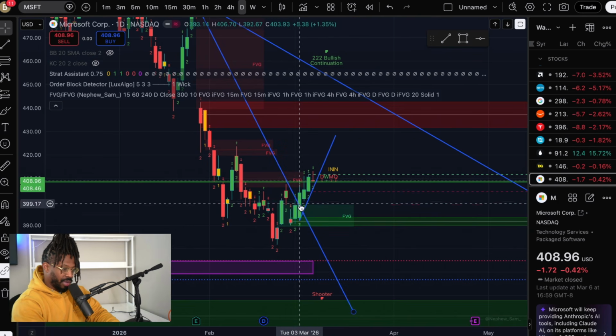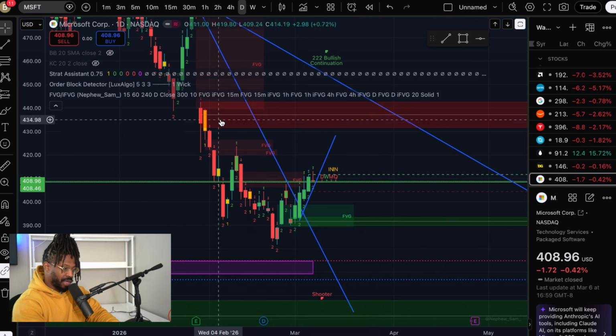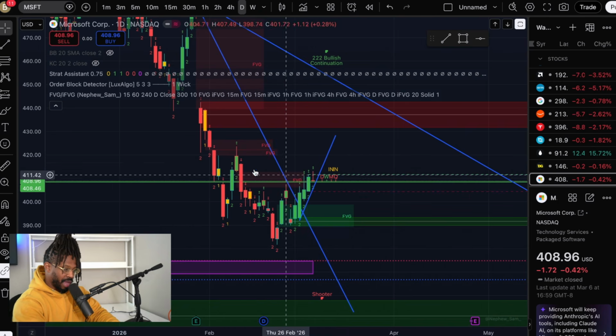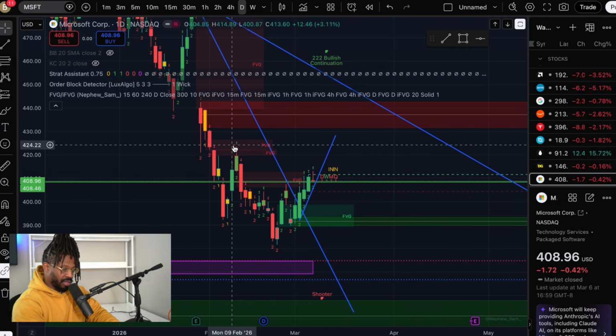Now, we entered into Microsoft down here, and then it made its way up here to fill this bearish fair value gap that was created on the way down by way of inefficiencies in a 3 candlestick pattern sequence, like we discussed when giving the definition for fair value gaps.